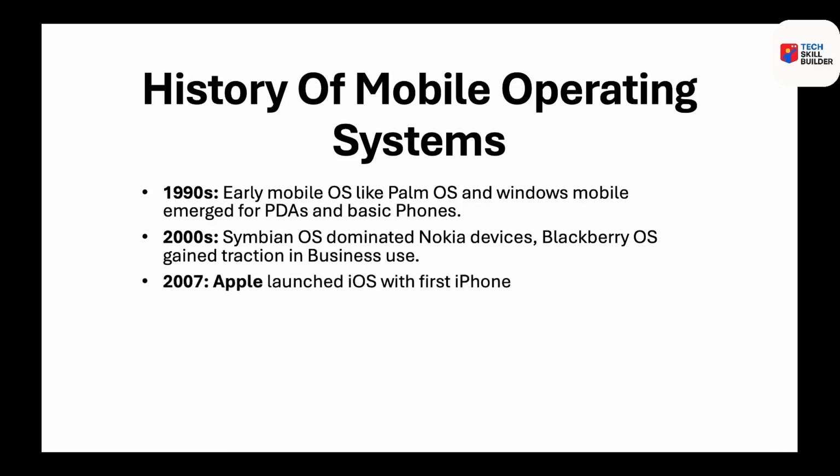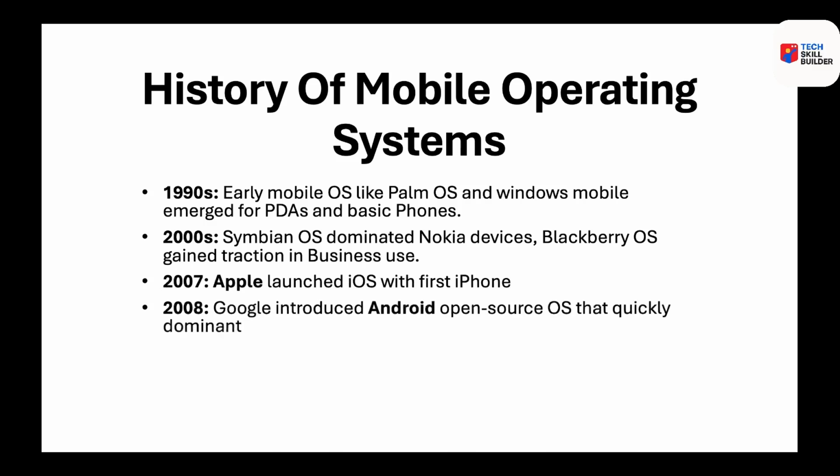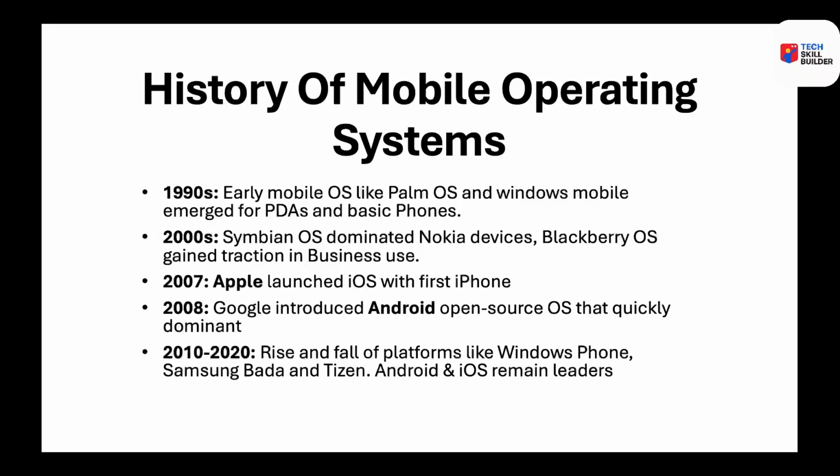In 2007, Apple introduced iOS with its first iPhone. Later, in 2008, Google introduced Android, an open source OS that quickly became dominant. Between 2010 and 2020, platforms like Windows Phone, Samsung Bada, and Tizen rose and fell for different reasons, and Android and iOS remain the leaders.